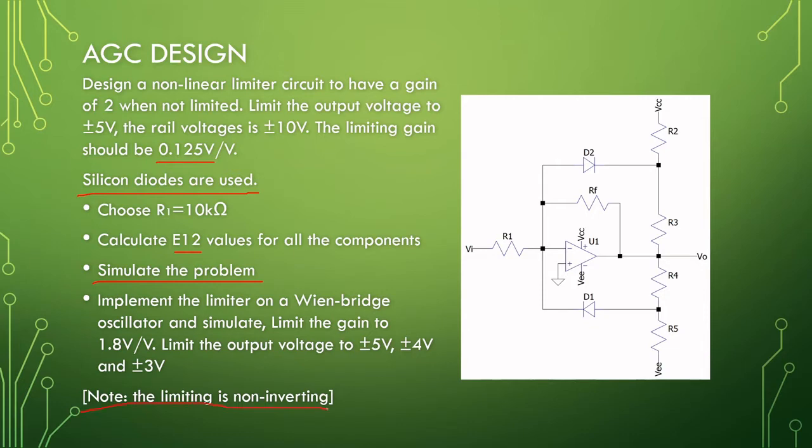Note that the limiting for a Wien-bridge is non-inverting, so you're going to have to adapt the equations a tiny bit, but I will show you in the solutions. See if you can figure it out yourself first. Pause the video there and go try this first limiter out.